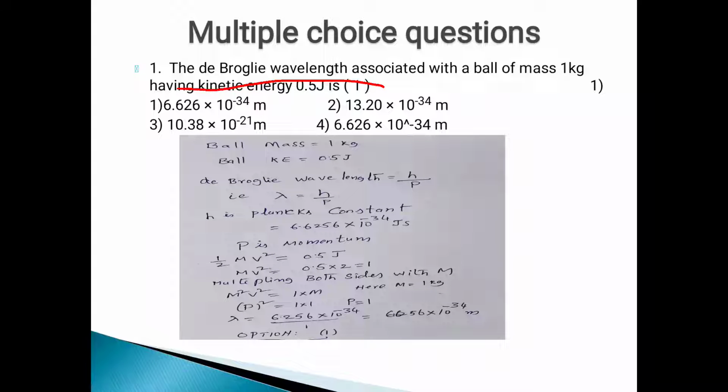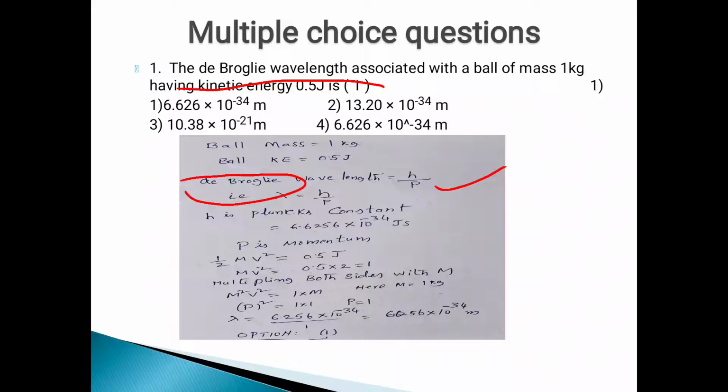According to that, all bodies will have particle nature as well as wave nature. And de Broglie is the first man who gave dual nature to bodies. So he has given a formula for the wavelength, which is known as de Broglie wavelength.